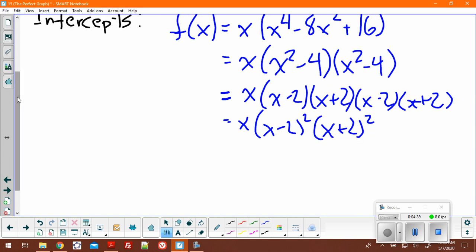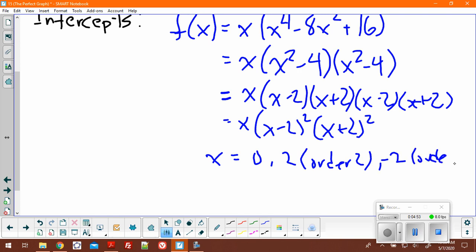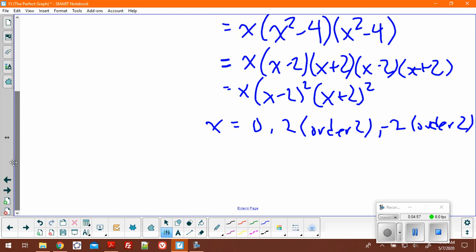So my x-intercepts are 0. I have positive 2, and that's of order 2, so there's a double root there. And I have a negative 2, which is also of order 2, so I have a double root there.